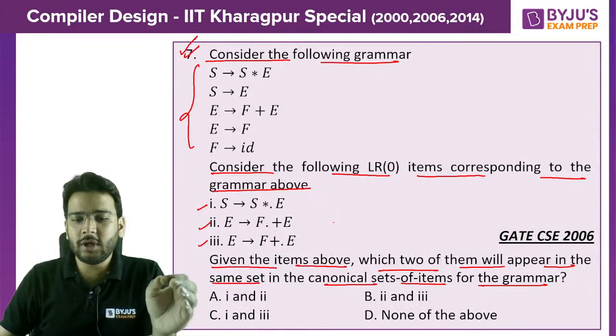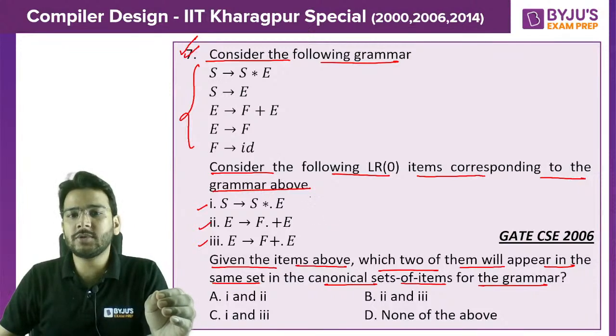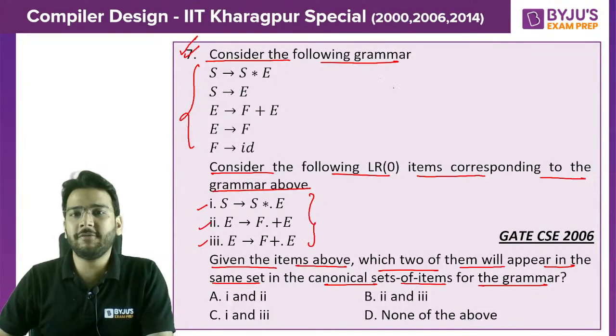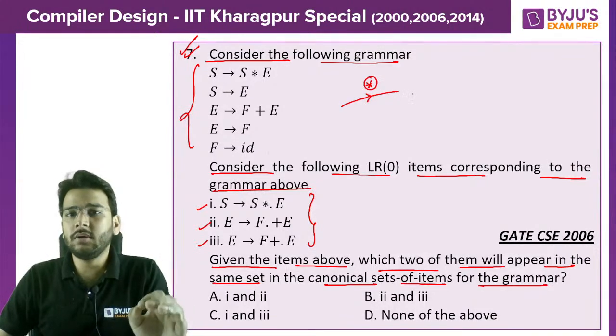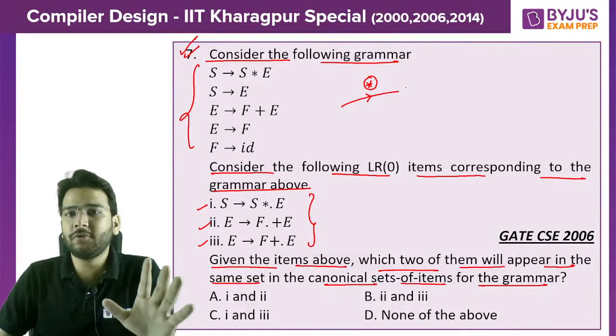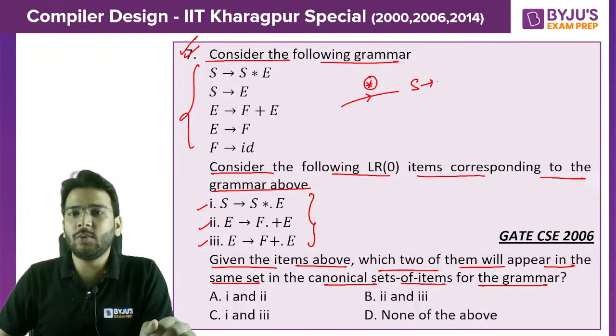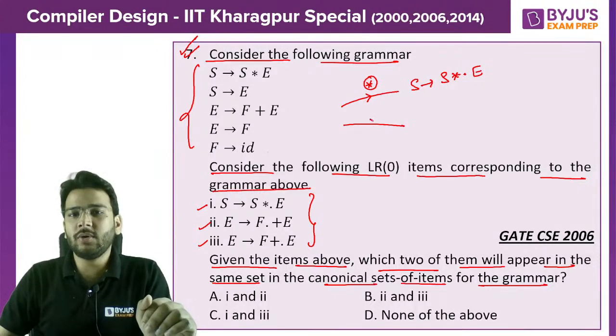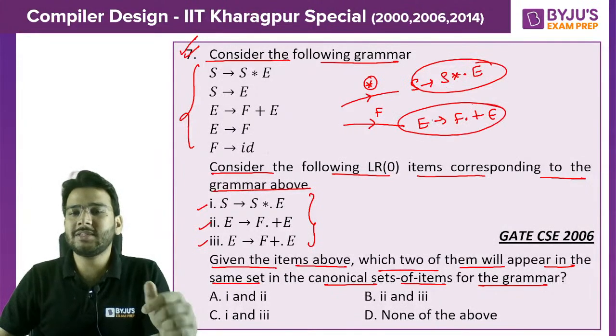Now here, if you carefully observe these three items, you will identify that if we have a shift on this terminal star, then only we are going to have this production. And if you have a goto move on F, you are going to have F dot plus E. Can you have these two in the same set?